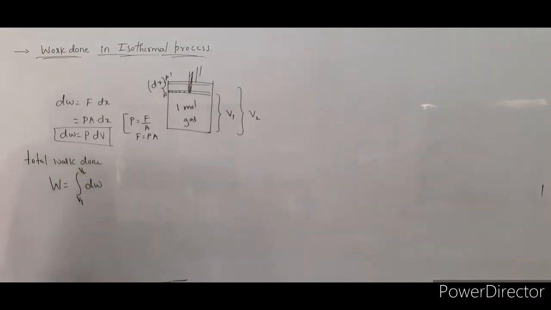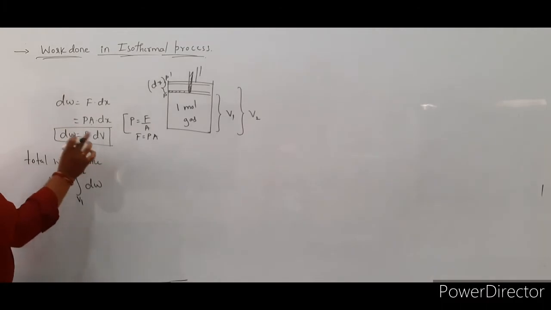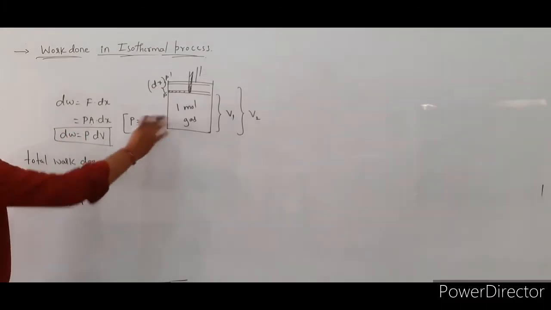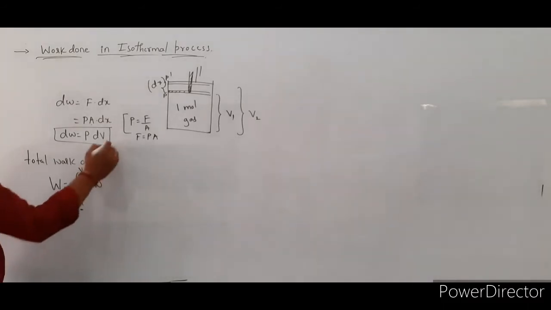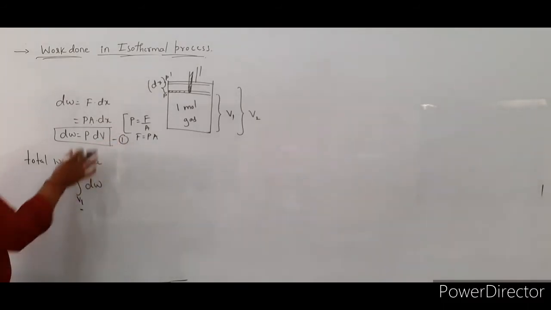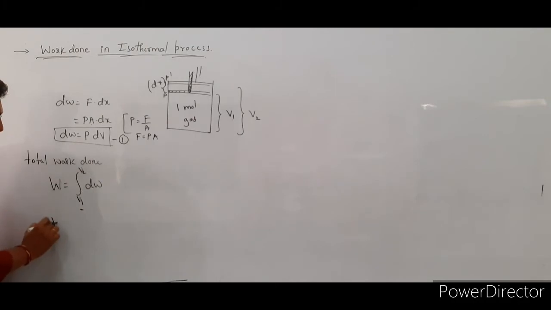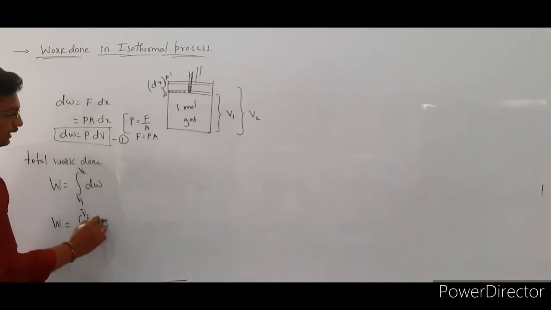Here we know the small work done. So this is our equation number 1. Substitute the dW value in this equation. That is work done, W, is equal to the integration from V1 to V2 of P into dV.